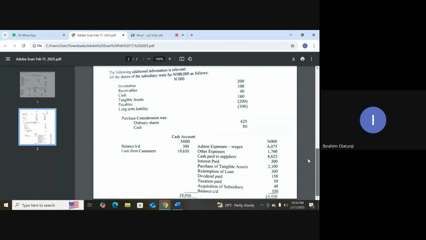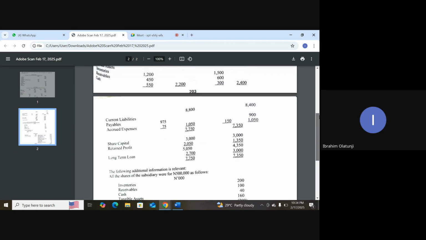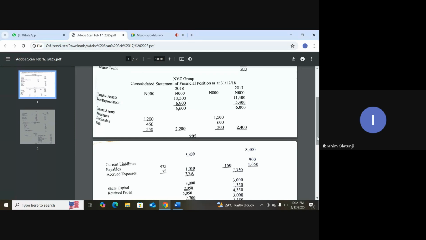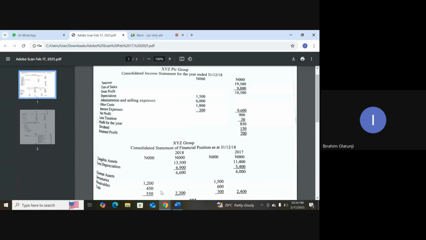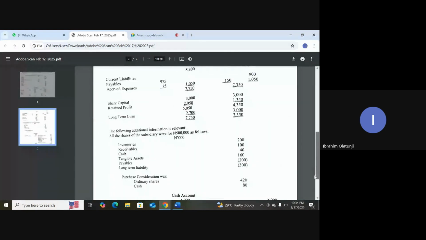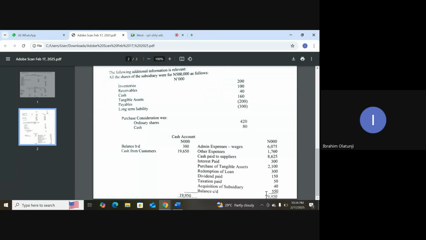Don't go and add it together. The same 300 that you see here is the same 300 you have in that balance sheet. Your closing balance, which is the 550 in 2018 that you see here, is the same 550 that you are going to see in your cash account, which is balance carried down. Can you see? Hope it's clear.